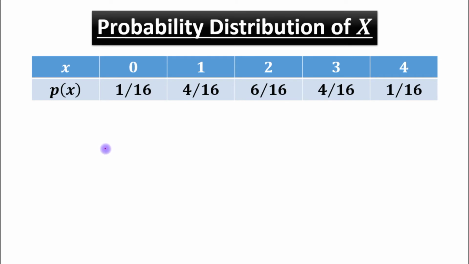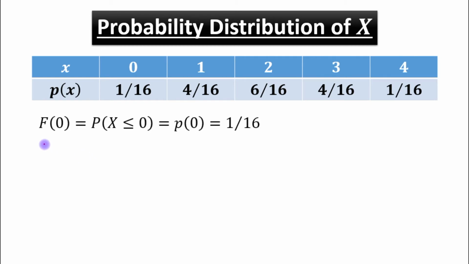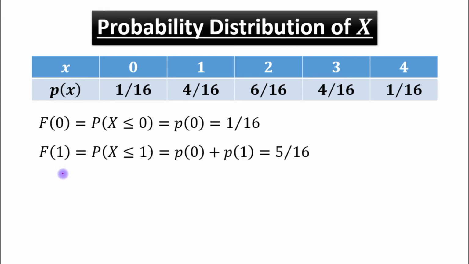Now we will calculate CDF using this probability distribution. So the first one is F(0), which means P(X ≤ 0) equals P(0), that is 1 by 16. Second one, F(1), which is equal to P(X ≤ 1), which will be P(0) plus P(1), that is 1 by 16 plus 4 by 16, that is 5 by 16.